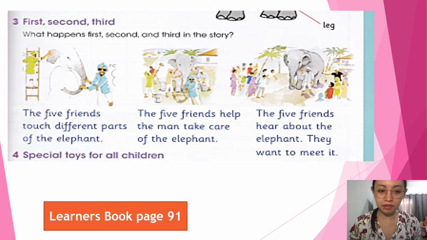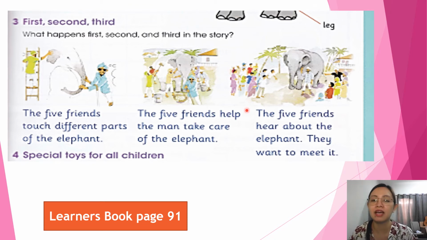So let's read first. Okay, will you read after me? The 5 friends touch different parts of the elephant. Next, the 5 friends help the man to take care of the elephant. Correct. Next one.